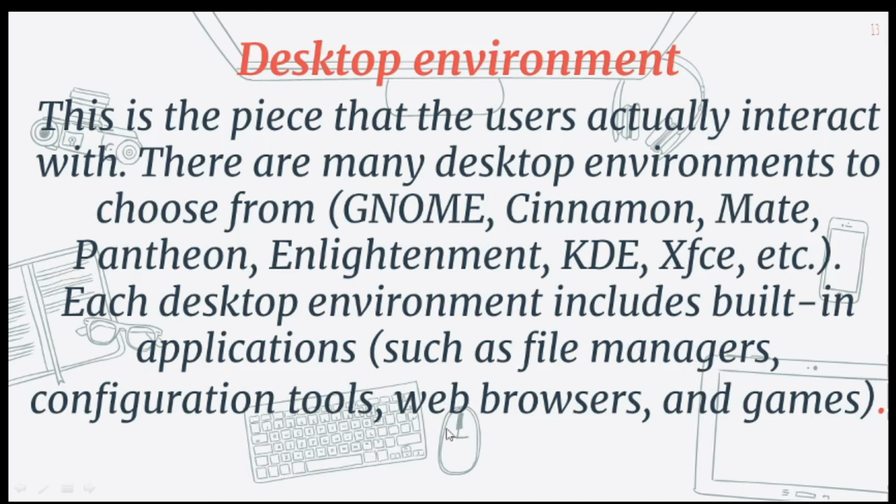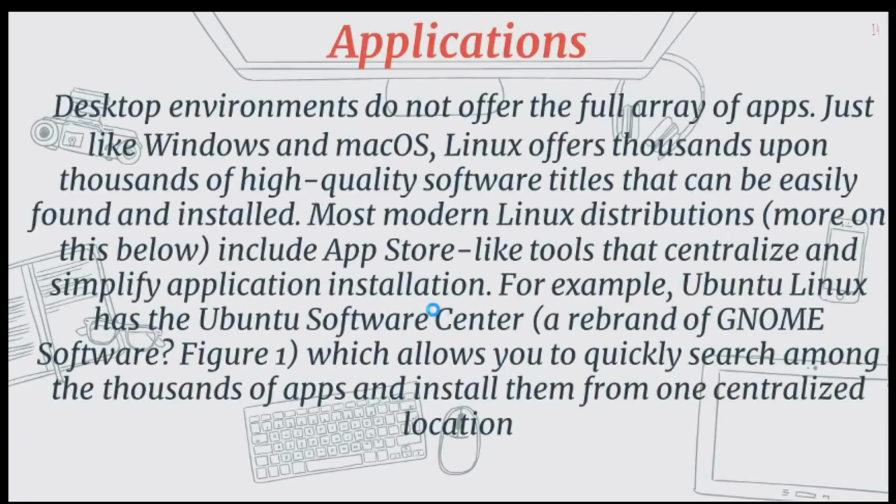Okay, and the seventh piece and the last piece is applications. The desktop environment does not offer the full array of apps, just like Windows and Mac OS. Linux offers thousands upon thousands of high quality software titles that can be easily found and installed.